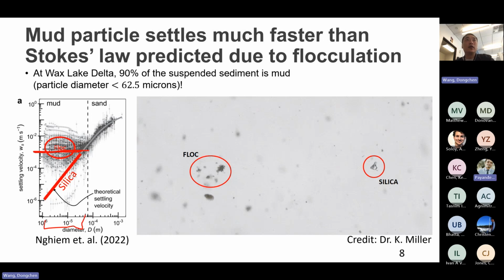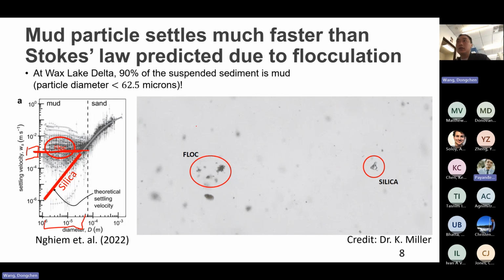So we just use this constant velocity to represent the floc settling velocity. We assume that although the flocs have different sizes and change, statistically they behave around this value. Then we can assume a constant value for all the floc sizes or all the grain sizes.